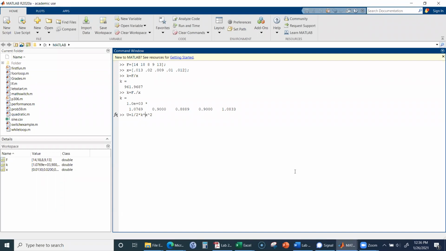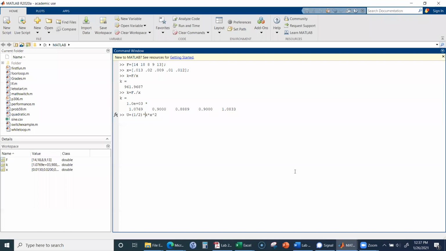Okay, but here, because 1 by 2 is a scalar, let me put it in parentheses for clarification purposes. Otherwise, parentheses over here are not needed. So a scalar can be multiplied by the vector using the normal operator. So there is no need to put a dot asterisk over here. But here, k and x are both vectors. And then we are multiplying these vectors element by element, we are not taking the matrix multiplication.